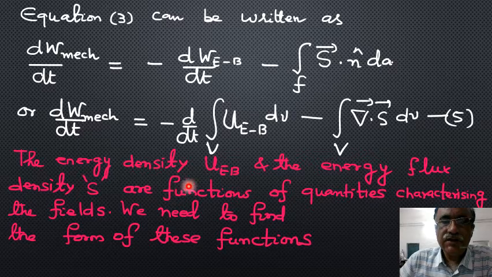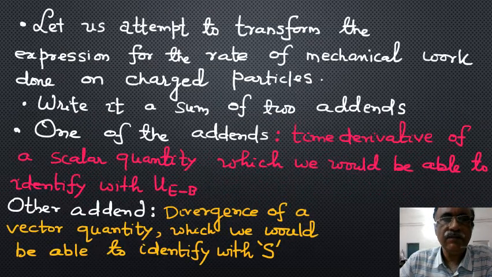The energy density U_EB and the energy flux density S are functions of quantities characterizing the original E and B fields. We need to find the explicit form of these functions U and S. Let us attempt first to transform the expression for the rate of mechanical work done on the charged particles.